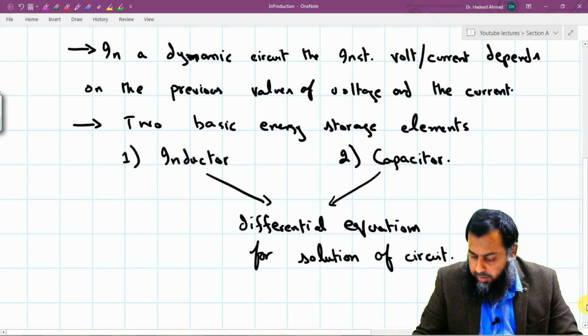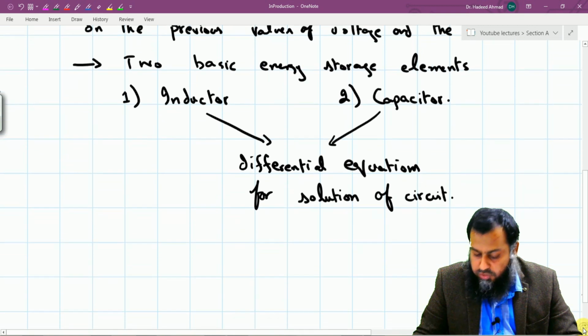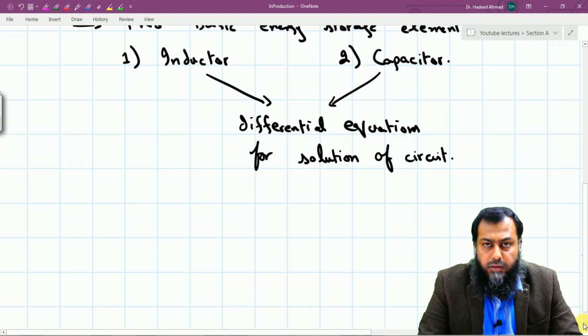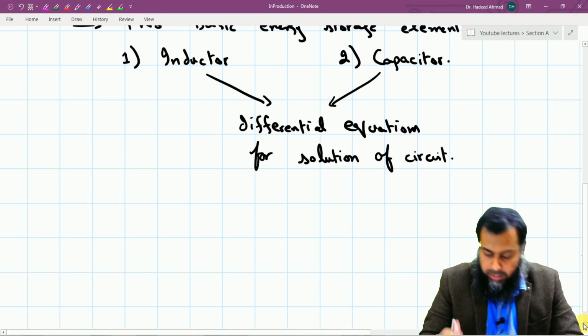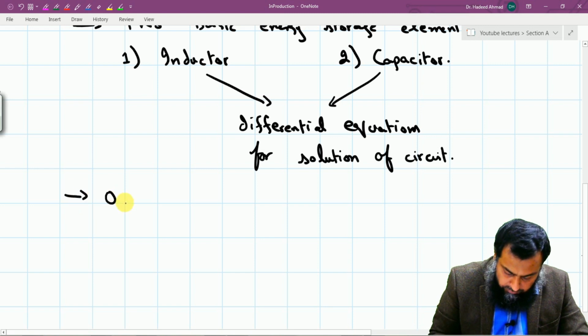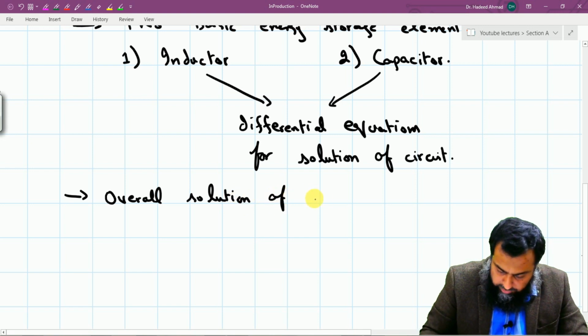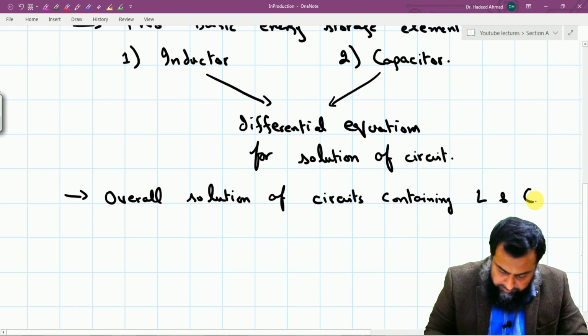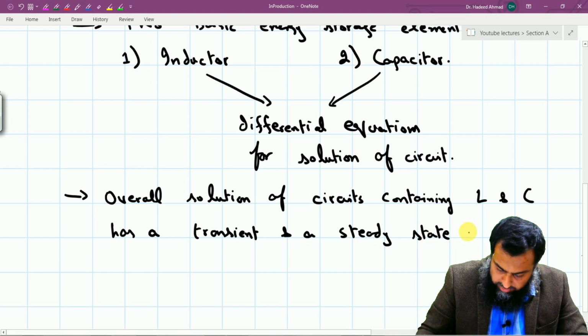In addition to that, because of the concept of energy storage in these two elements, we shall see that the circuit contains a transient part as well as a steady state part. So the overall solution of circuits containing L and C has a transient and a steady state part.